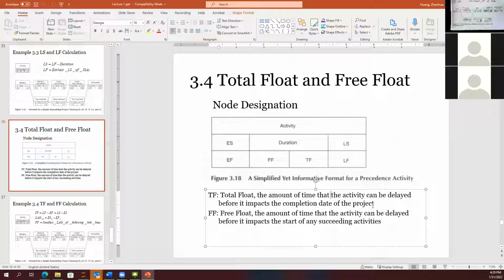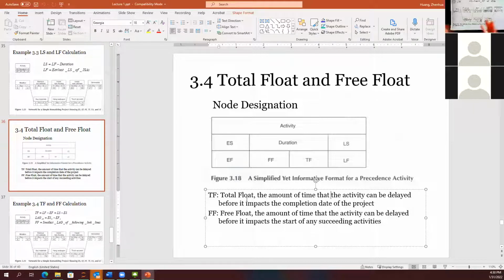I don't want to impact the completion date of the whole project. How many free days do I have for each activity? Next one is free float. Free float is defined as the amount of time that an activity can be delayed before it impacts the start of any succeeding activities. So total float is no impact on the whole project completion date.